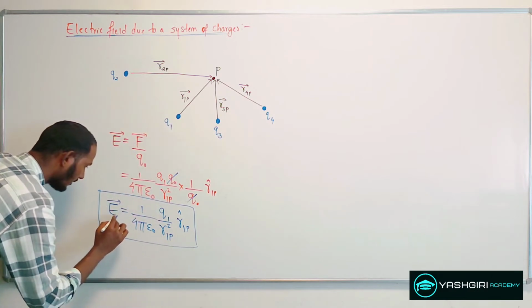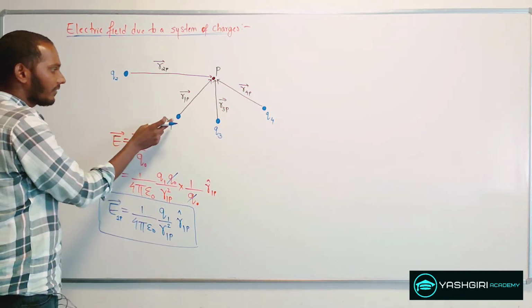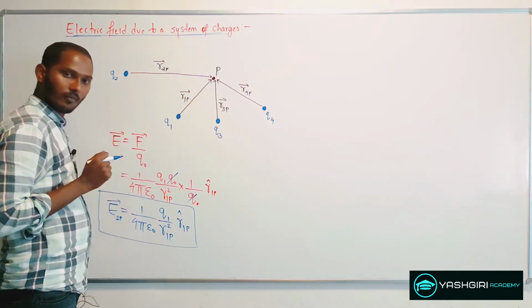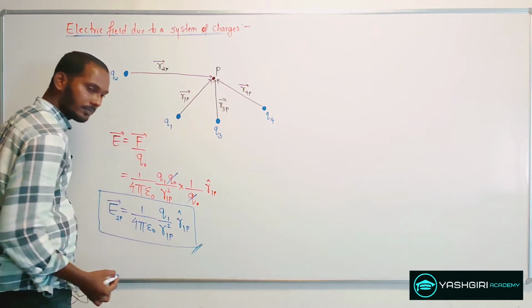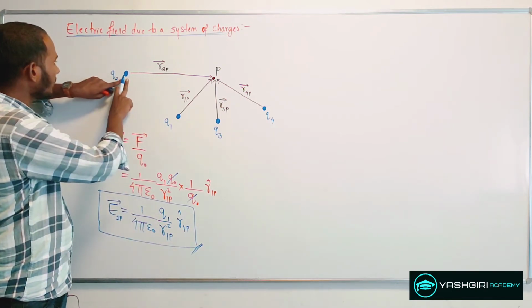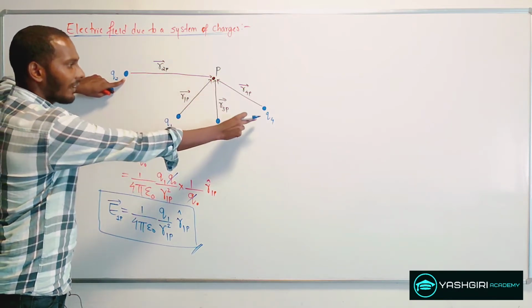So here I write this as E1P, that is the electric field due to a source charge Q1 at point P. In the same way I can also calculate the electric field due to source charge 2, at point P, due to 3 and 4.